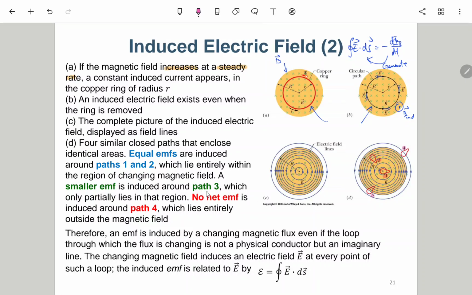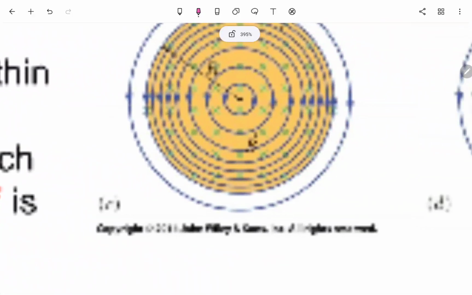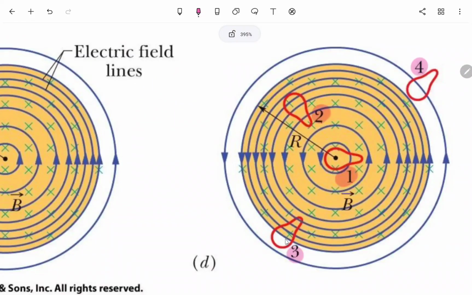But path 3 is different. This one and these two also have the same area, but part of the area enclosed by this path is out of this region.